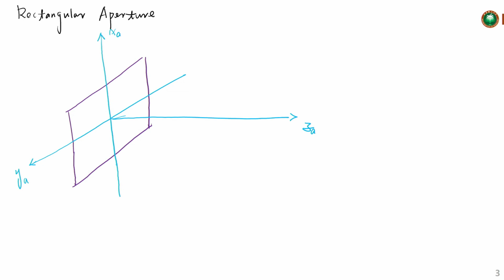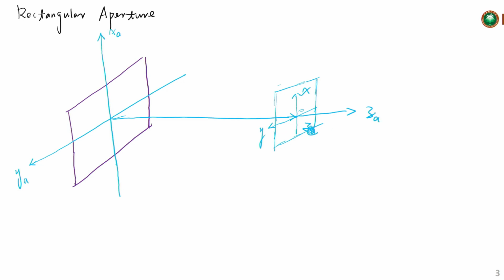So at this point, we have an observation plane, and the observation plane has its own coordinate system, x and y, and then r, theta here.